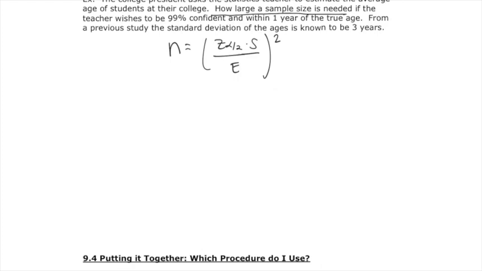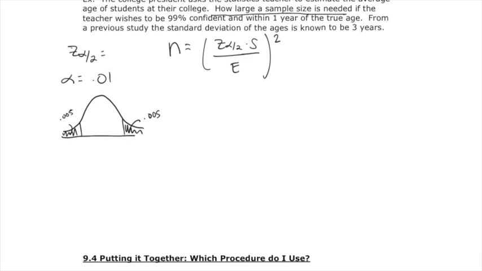Now we want to find the values of our unknowns. First, to find z alpha over 2, we need to know alpha. Alpha is equal to 0.01. Again, that's equal to the total area in both of our tails. So the area in each tail is 0.005.